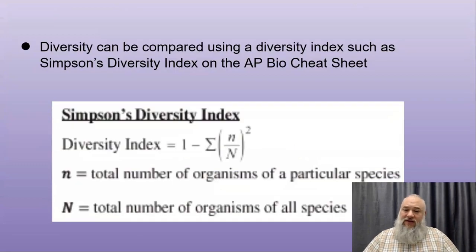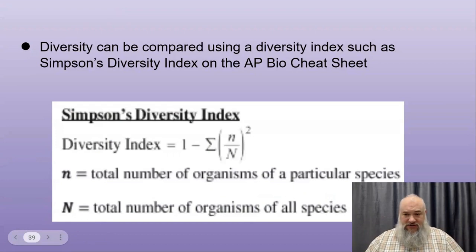So diversity can be compared using a diversity index, such as Simpson's diversity index, which you do have in the AP Bio sheet, and this is it right here, where little n equals the total number of organisms for a particular species. Big N equals the total number of organisms of all species, total number of living things in the ecosystem or habitat or whatever you're looking at.